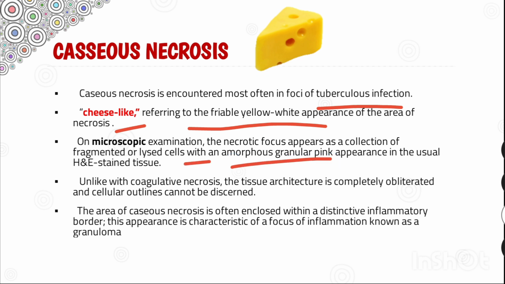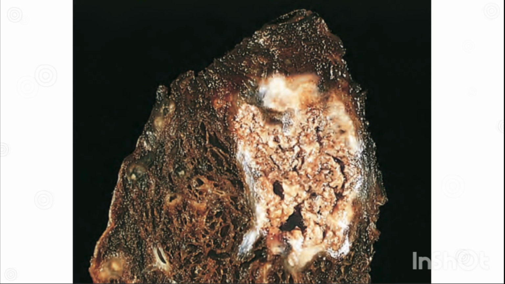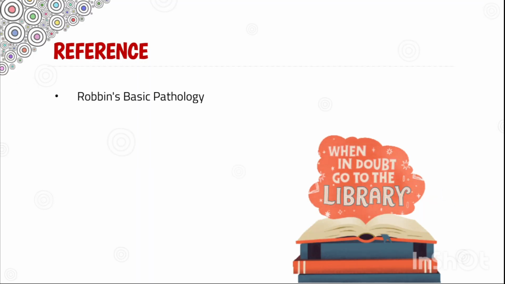We cannot see any cellular outlines. The area of caseous necrosis is often enclosed within an inflammatory border. This focus of inflammation is known as a granuloma. So that is about caseous necrosis, and here is the picture of caseous necrosis, cheese-like appearance.